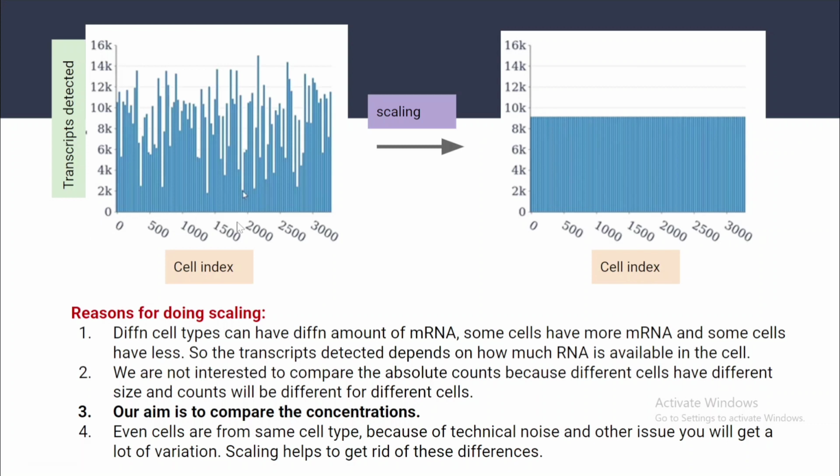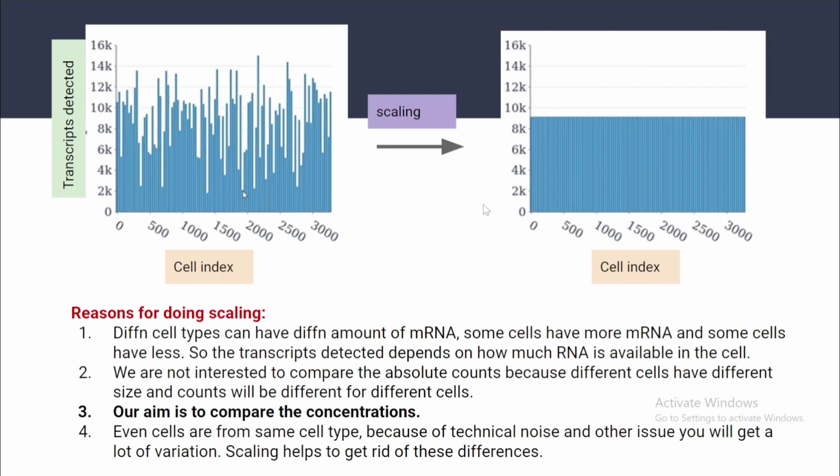The idea of scaling is to multiply the UMI counts of each gene by some scaling factor. After multiplying with a scaling factor, at the end all the cells have the same transcript count.